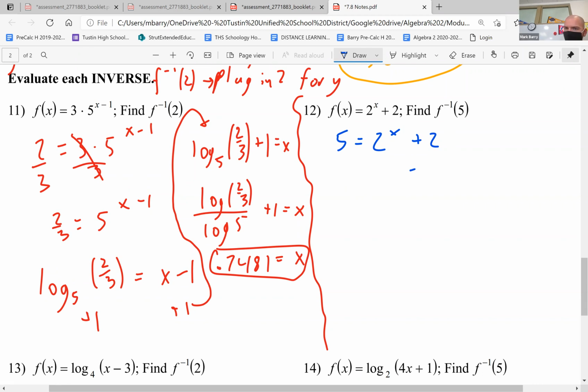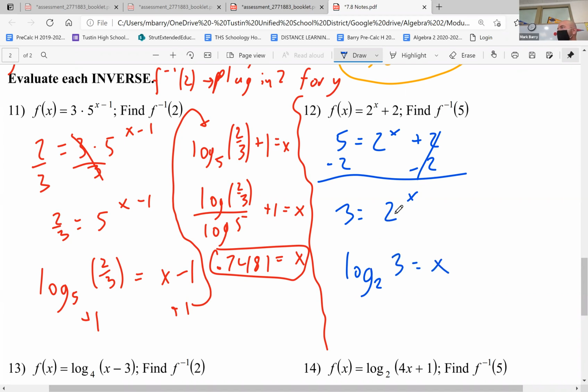Okay, so if I'm going to finish number 12 here, I'm going to subtract the 2 over to this side. Five minus 2 is not a fraction, it's just 3. Now we can switch it into log form. So I'm going to say log base 2 of 3 equals x. Remember, what was the base of the exponent is now the base of the log, but it gets a new partner. So it doesn't want to be with x anymore, so it gets with 3. X is already isolated now, so I just need to type it in the calculator.